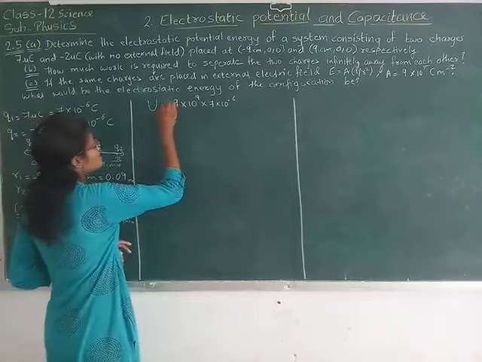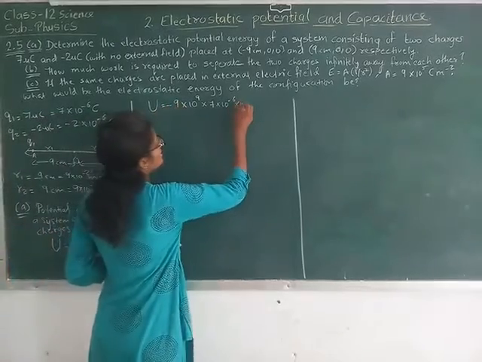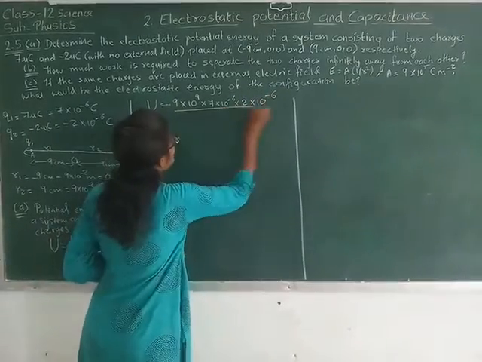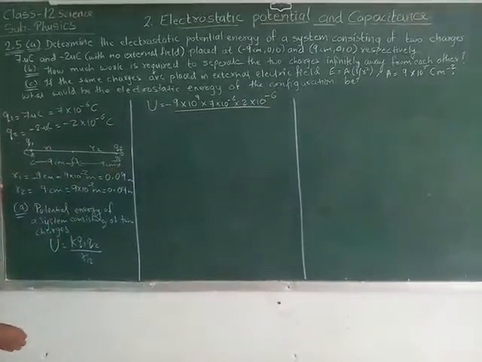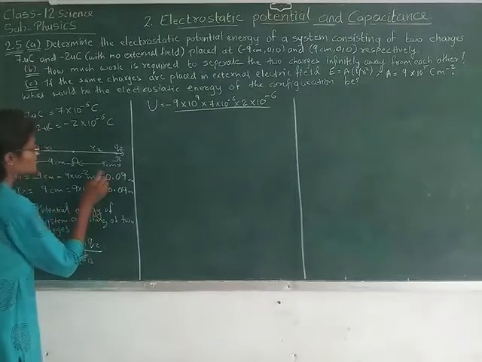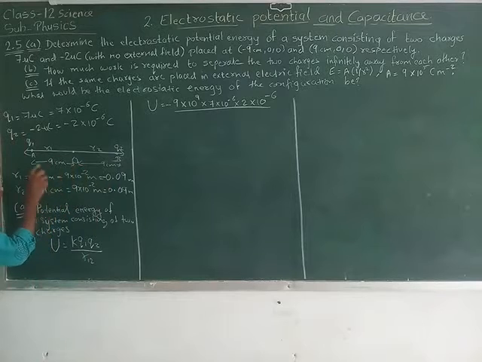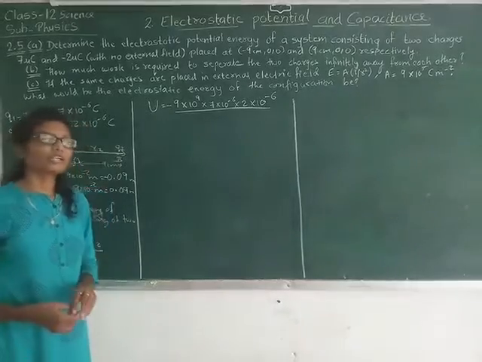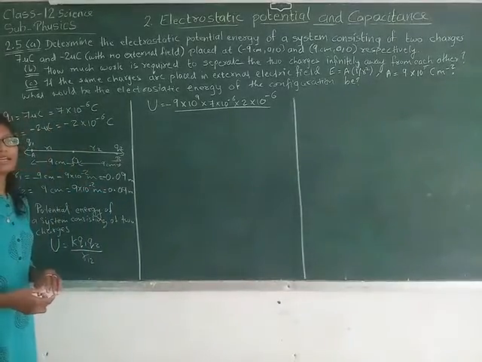Let us take the minus sign in front, here 2 into 10 raised to minus 6, right? Here R12 distance, you can directly see from here, Q1 to Q2 distance is 9 centimeter plus 9 centimeter, that is 18 centimeter. When you convert that into meter, it will be 0.18 meter.